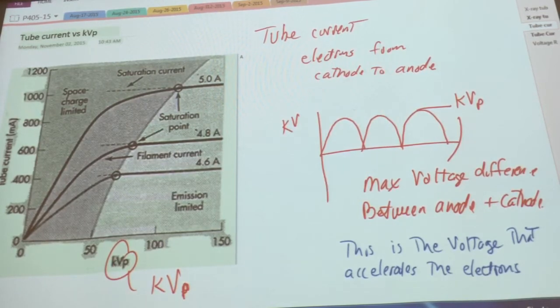And then we have 3 different graphs for 3 different filament currents. So our tube current depends on the filament current, and our tube current depends on the kVp.